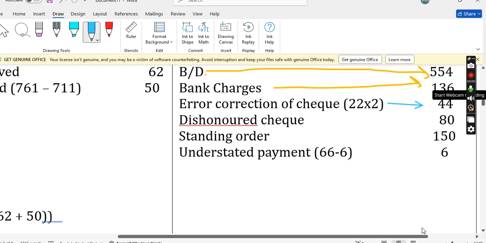I think that way you get more marks. So remember that, colleagues, if a payment has been entered as a receipt, double the amount, okay? And if a receipt has been entered as a payment, double the amount. Then you'll be okay.